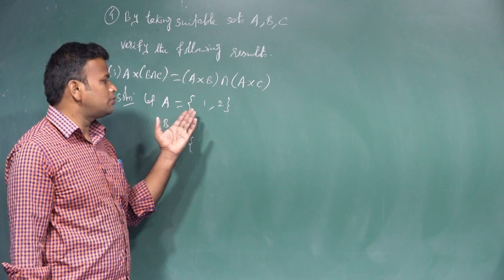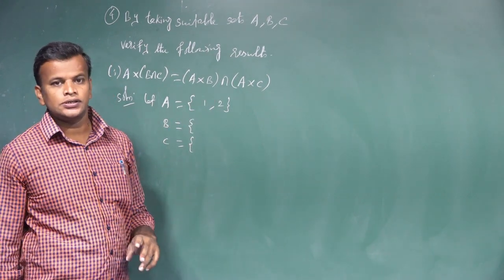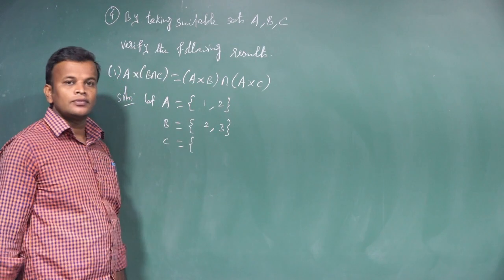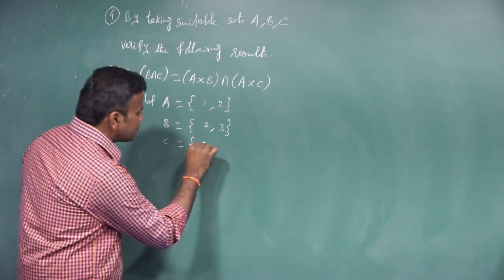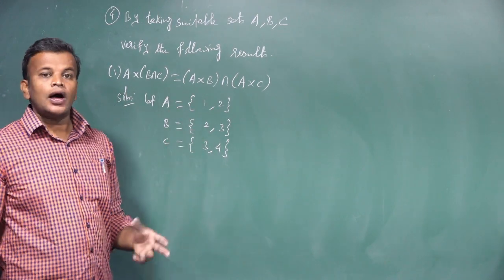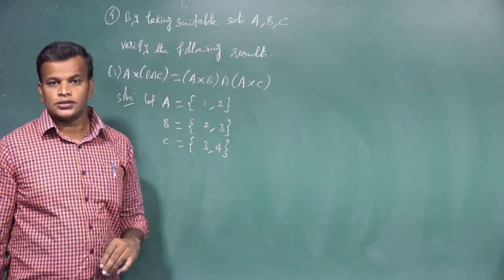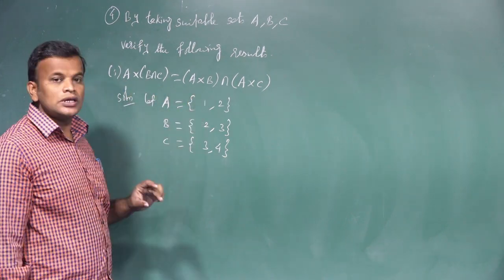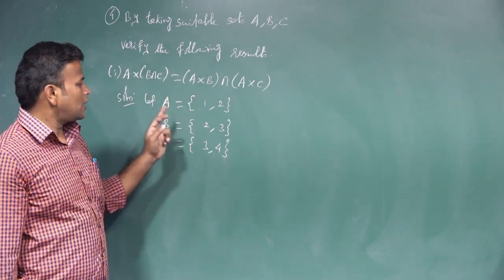Is your choice, sir. I will take 3, 4. B is 2, 3. Next, C is 3, 4. So I take just 2 elements in all three sets A, B and C.